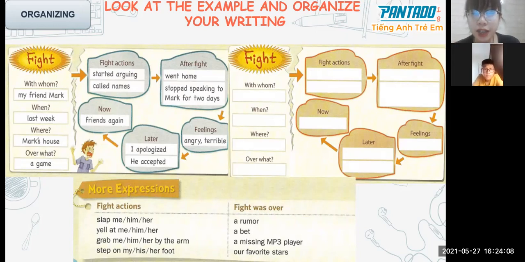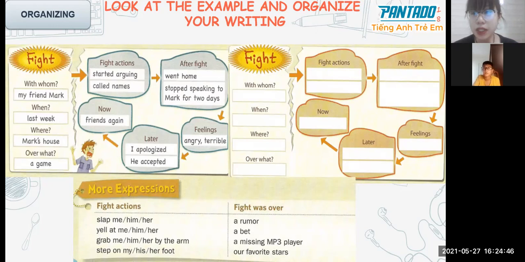Okay, can you tell me again four aspects that you should have in the paragraph? The first thing is with whom, or the person you fight with. The next one is when. So when is about the time.